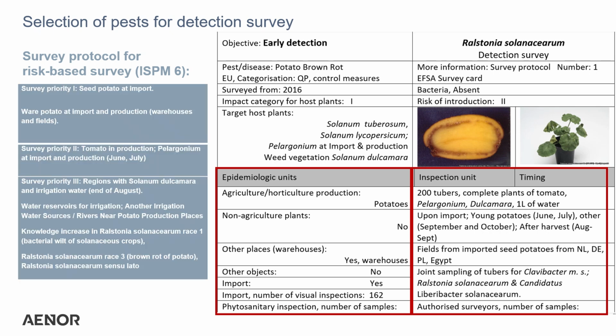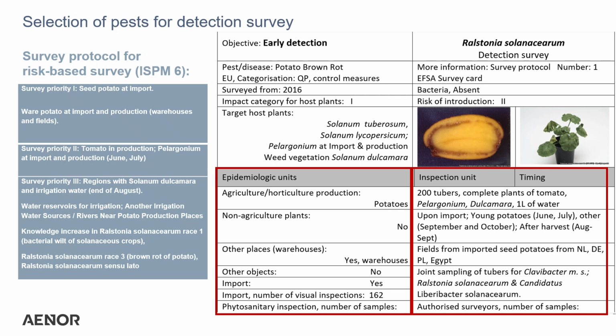Then we make priorities according to ISPM number 6. We work on risk-based survey priorities. Let's say the first priority would be potatoes at import and production, where warehouses and fields are. So priority number 2 would be tomato in production, pelargonium at import and production, with the appropriate time June, July.